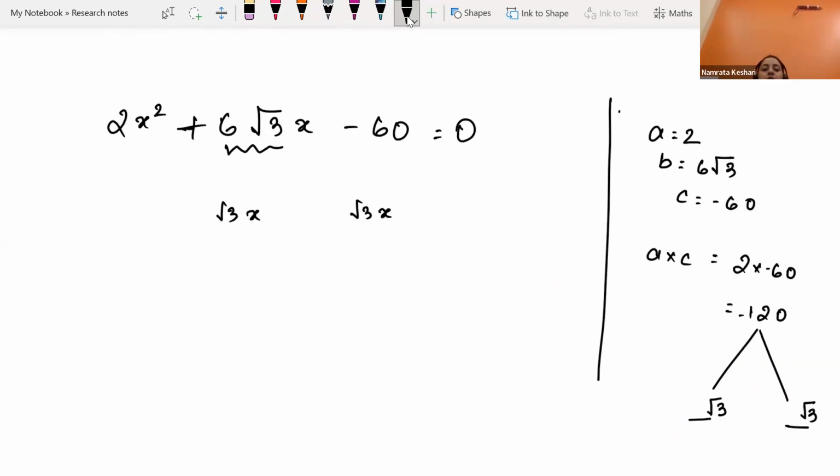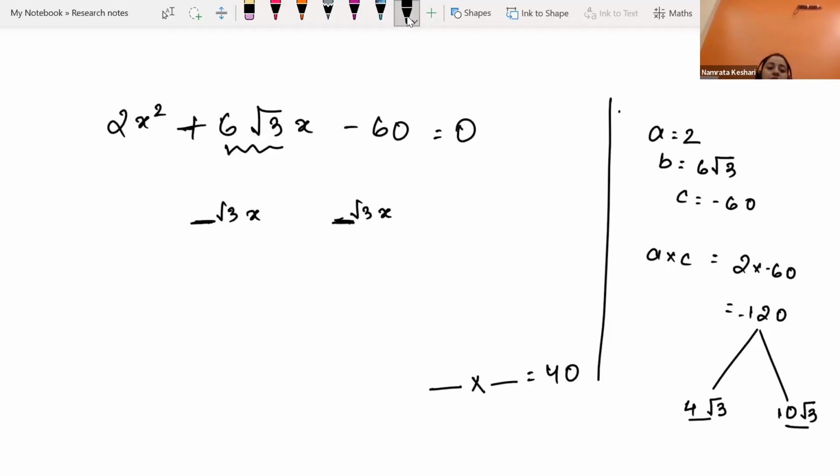But in front of root 3 what will be there, that is the main thing. Two such numbers we want to write in these two blank spaces which added or subtracted together must generate 6, and multiplied together must generate 40. Two numbers multiplied together must generate 40 and added or subtracted together, yes, 4 and 10.